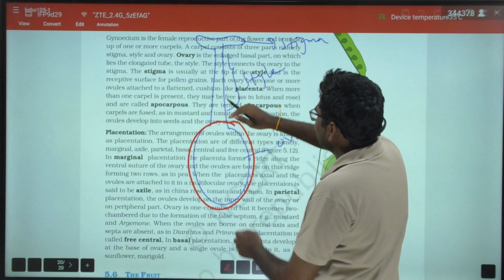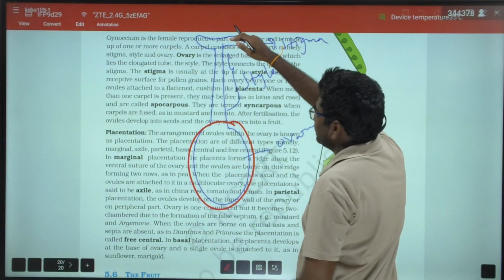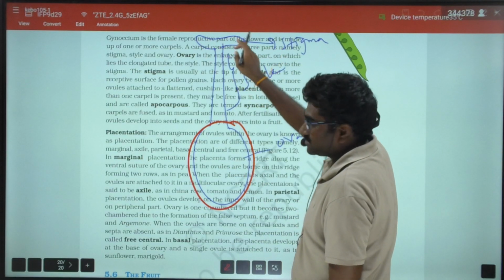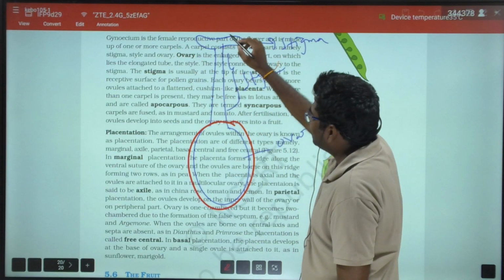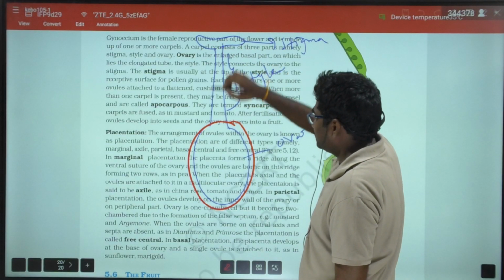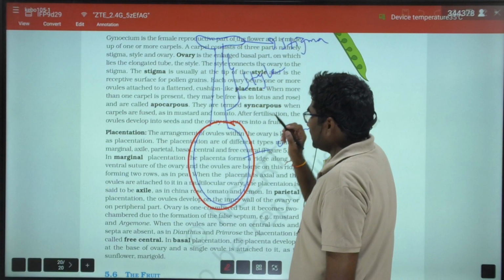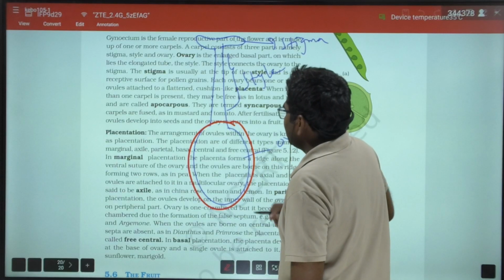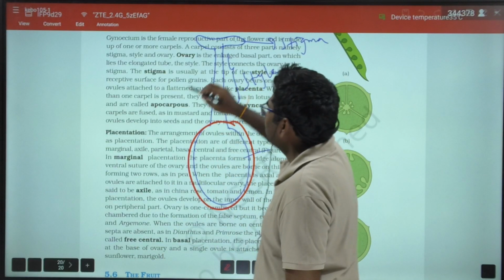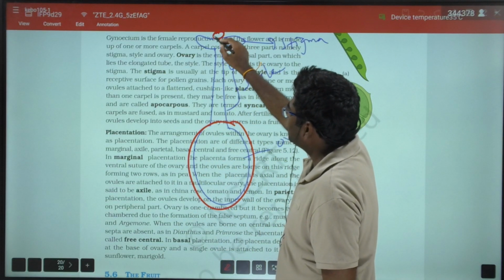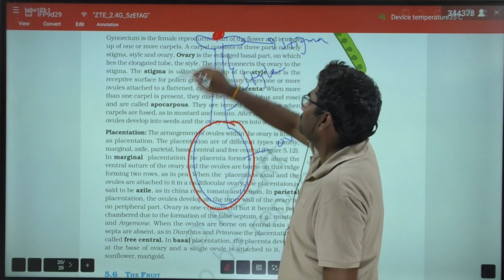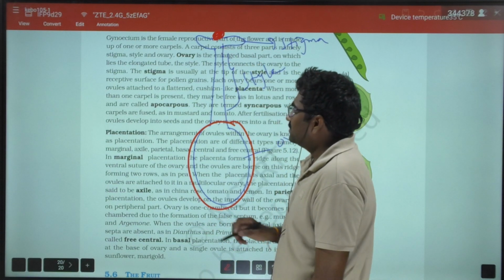The style connects the ovary to the stigma. The stigma is usually at the tip of the style, and it is the receptive surface for pollen grains. Pollen grains land on this stigma.